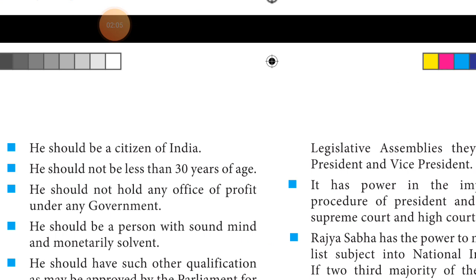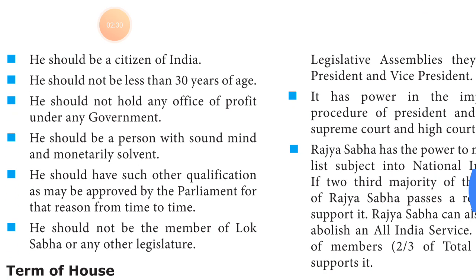Third, if you want to become a member of the Rajya Sabha, you must not hold any office of profit under any government. That's very, very important. Next, he should be of sound mind and mental ability. In case the person is not of sound mind, they are not selected as a Rajya Sabha member.